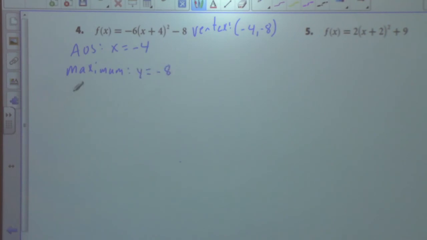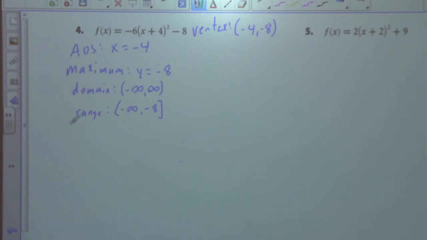And then the domain is negative infinity to infinity. Range, negative infinity to -8 with a bracket for the -8.